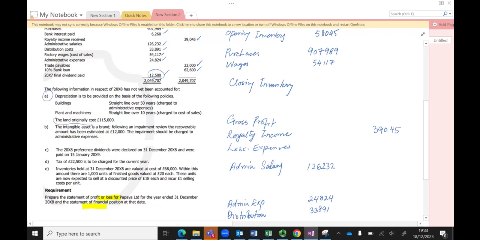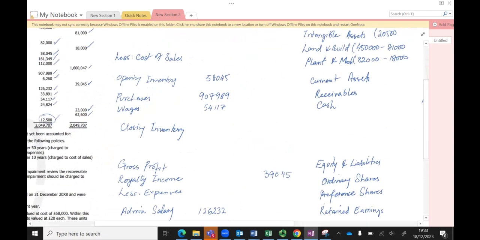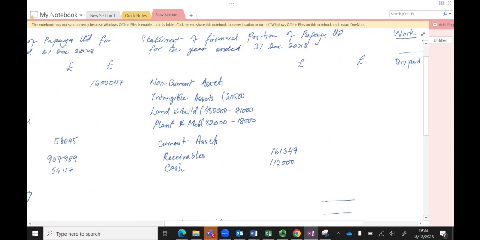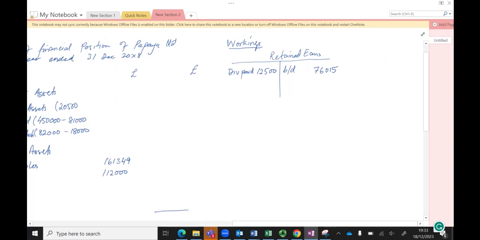Over here we have given some information. The land originally cost £115,000. You can see that land and building cost of 450,000 is already mentioned in the statement of financial position. In my workings, this is working number 1. Working number 2, depreciation. Land and building.